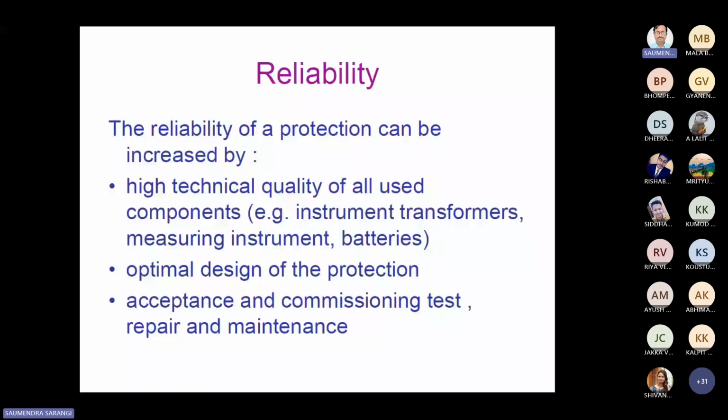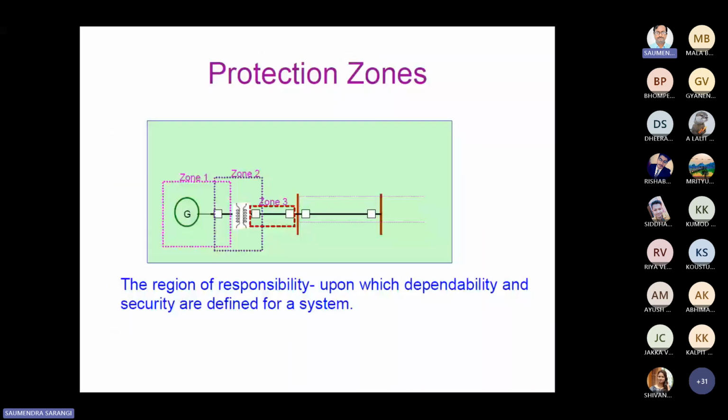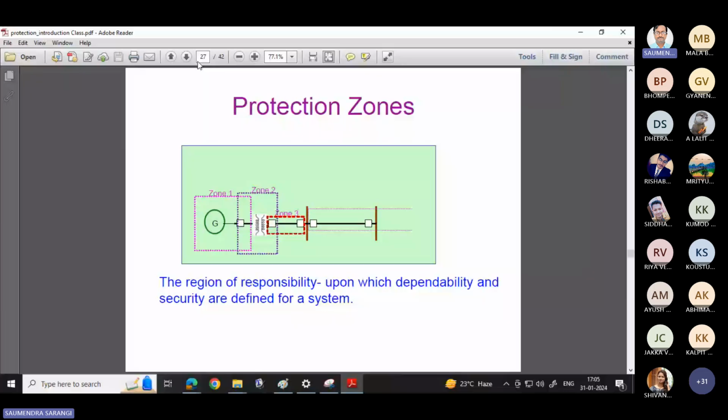Selectivity. Selectivity is required so that only the faulty equipment will be switched off. So basically selectivity is provided by using time grading, fault direction, amplitudes. So we'll be discussing the selectivity one by one. Now you see, particularly in this slide, we are having a protection system.